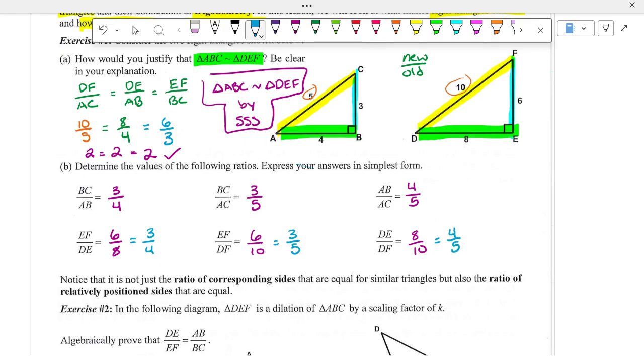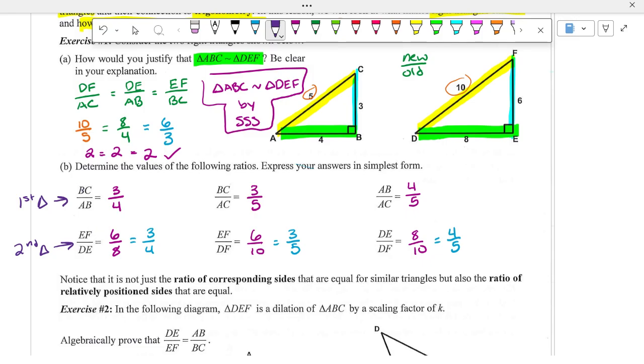What do you guys notice between, so these right here were from the first triangle. These right here are from the second triangle. What do you notice about those ratios? Aren't they the same for both? And if you notice, it's with the corresponding sides. BC is corresponding to EF.